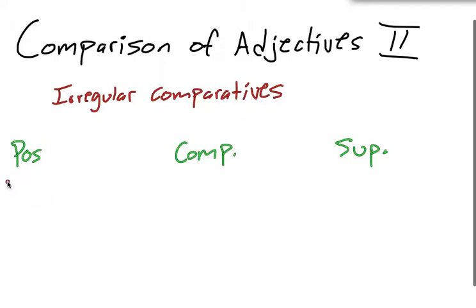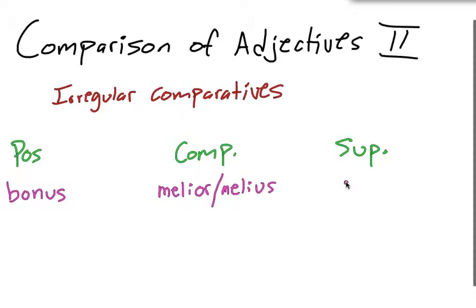So the first one, bonus, probably the most common adjective in Latin. Bonus, good. Its comparative is melior. From this word we get the English word ameliorate. To make something better is to ameliorate it. And the neuter, of course, is melius.